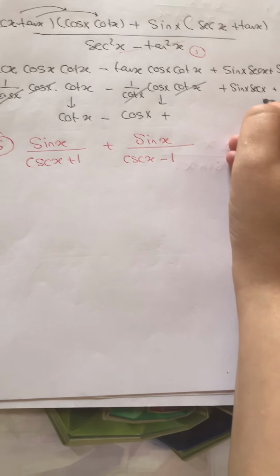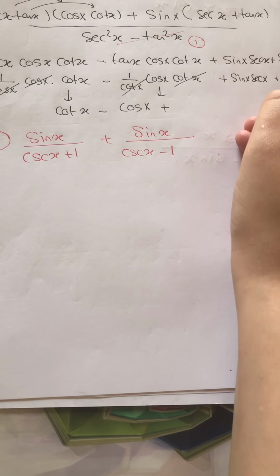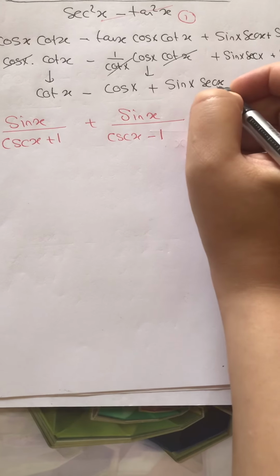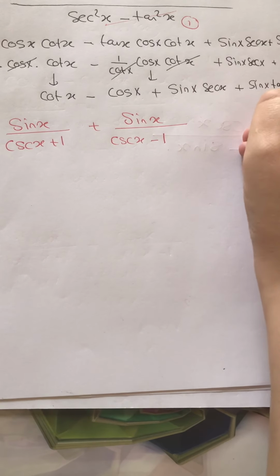I'm gonna copy this and this, right? Sine x, so I'm left with sine x sec x, right? Plus sine x tan x.